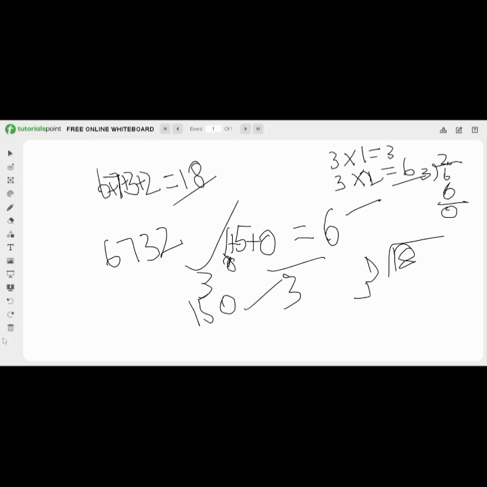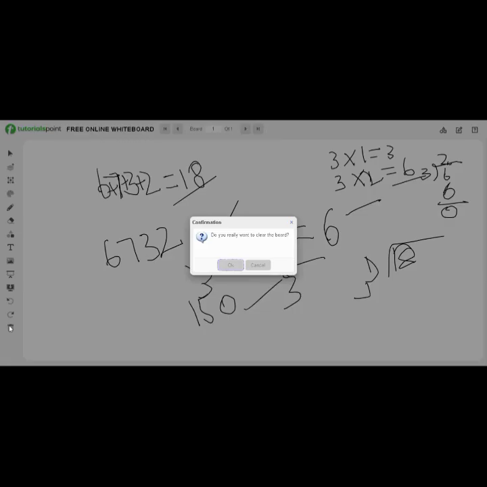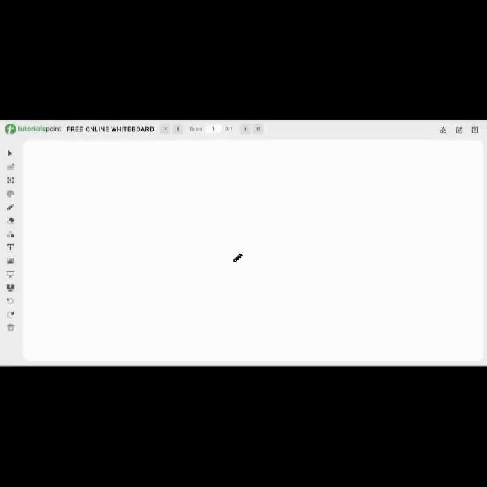Now I'll tell you the divisibility rule for 4. The divisibility rule for 4 is: if the number in the tens and ones place is divisible by 4, then the whole number is divisible by 4.